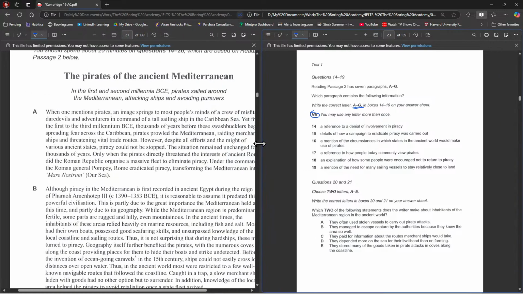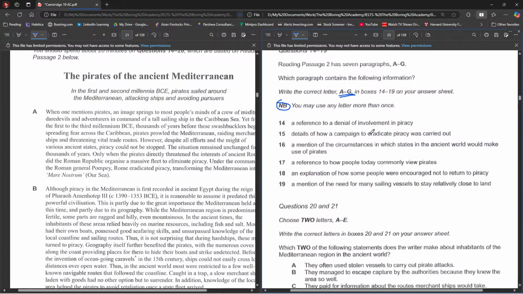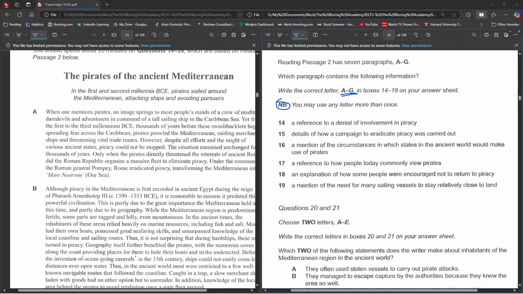So first Akash and then Olivia. What's your strategy for solving these question types? First Akash, how do you solve this question type? First of all, I read the question, like question 14, then find keywords.